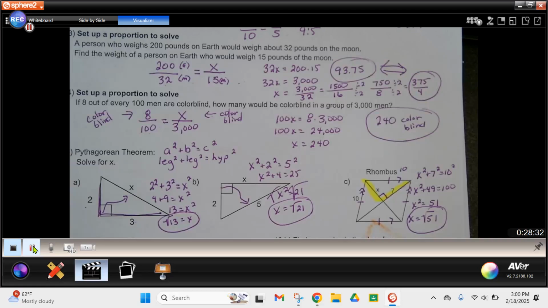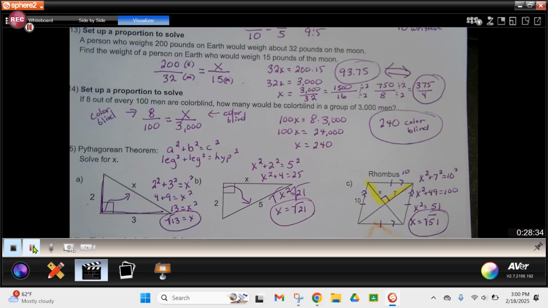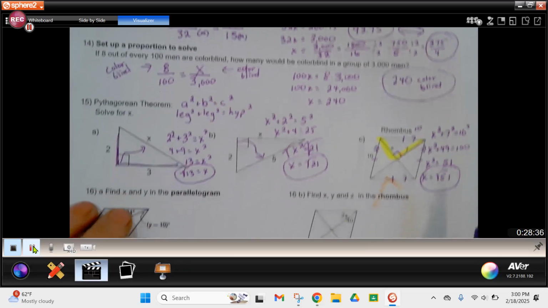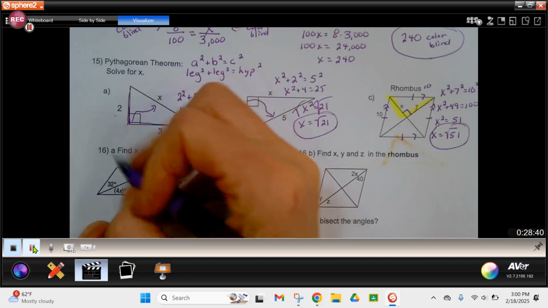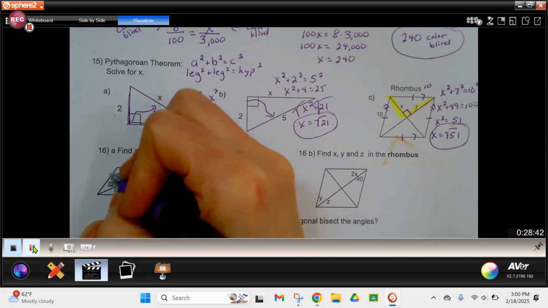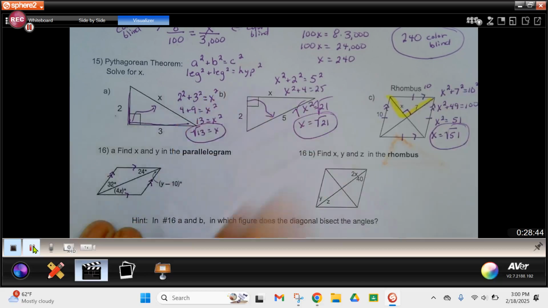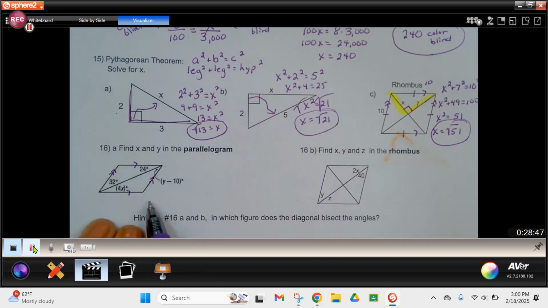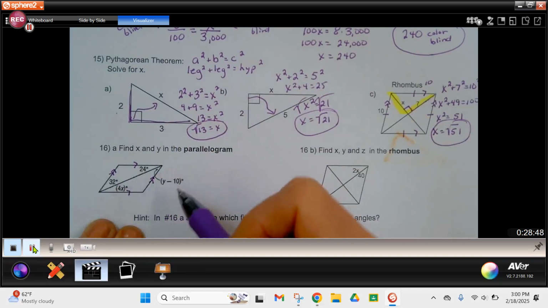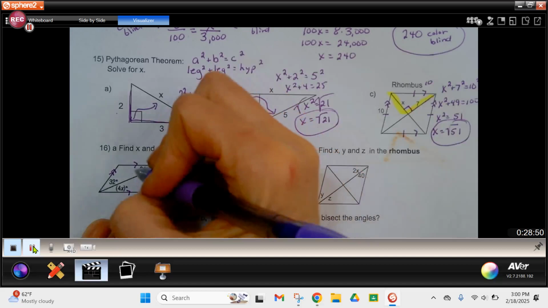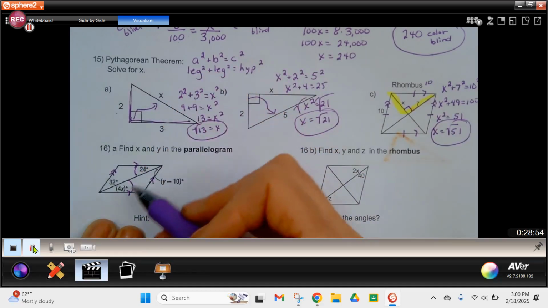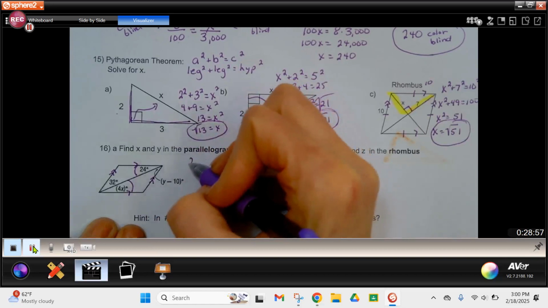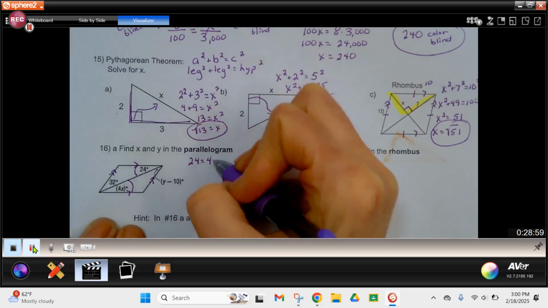Now, 16a and 16b. This is a parallelogram, so the opposite sides are parallel. So this is not a rhombus, this is a parallelogram. That means that I can say that this angle here and this angle here are congruent because they're alternate interior. So 24 equals 4x.